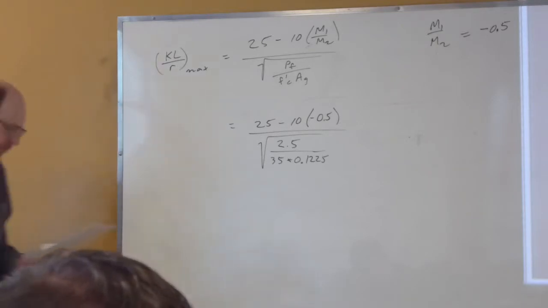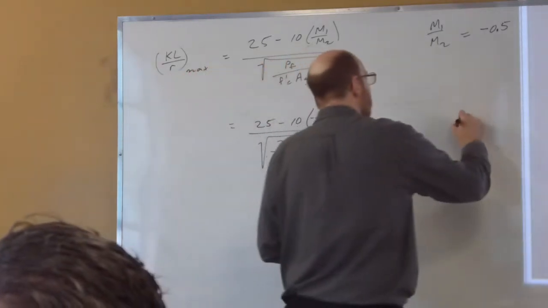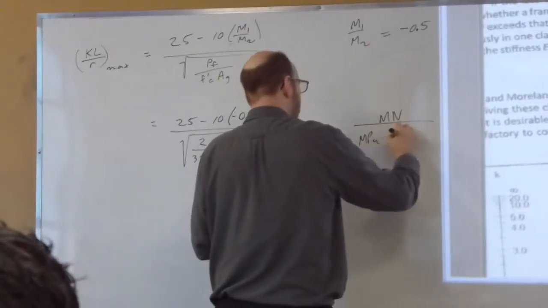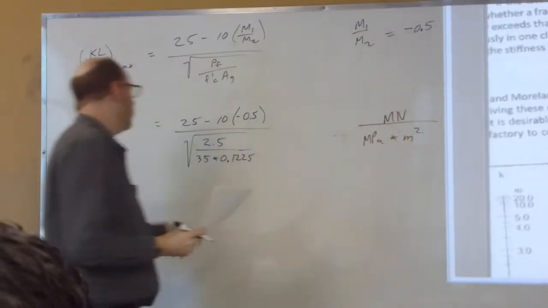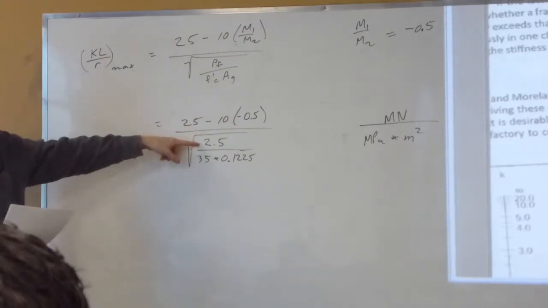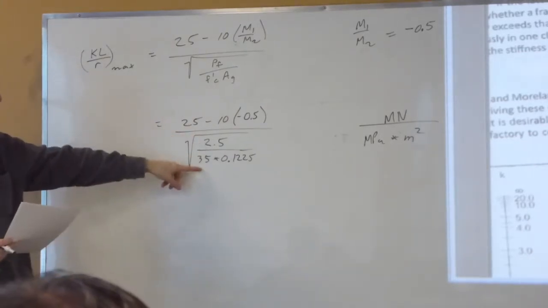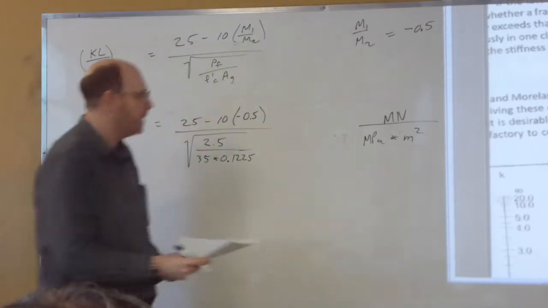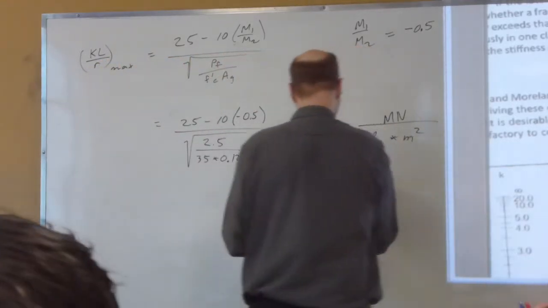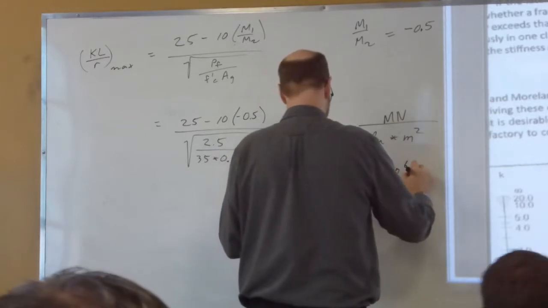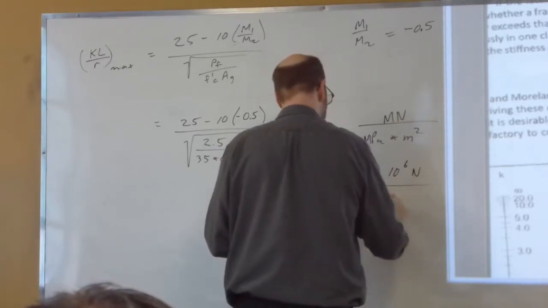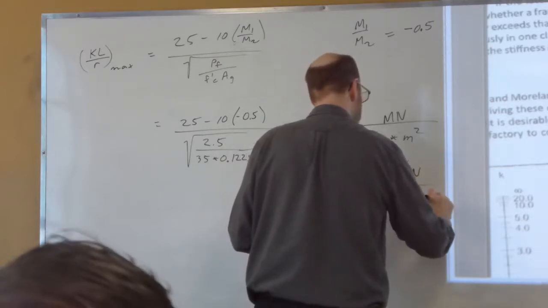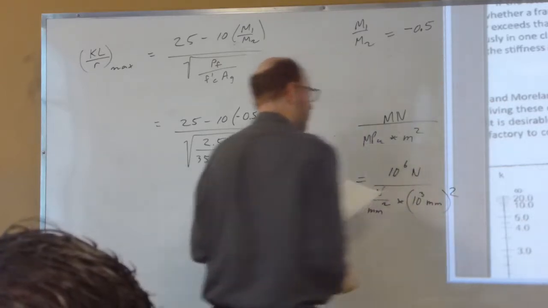What I put in here is meganewtons divided by MPa and meters squared. So PF I put in meganewtons, F prime C is in MPa, and here I've got MPa. So this works out to 10 to the 6 newtons divided by newtons per millimeter squared times 10 to the 3 millimeters squared.